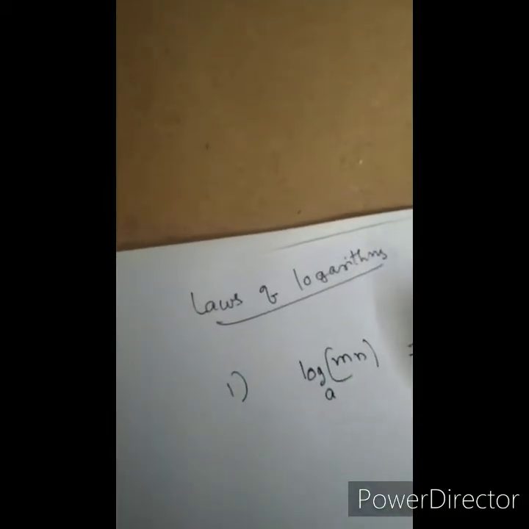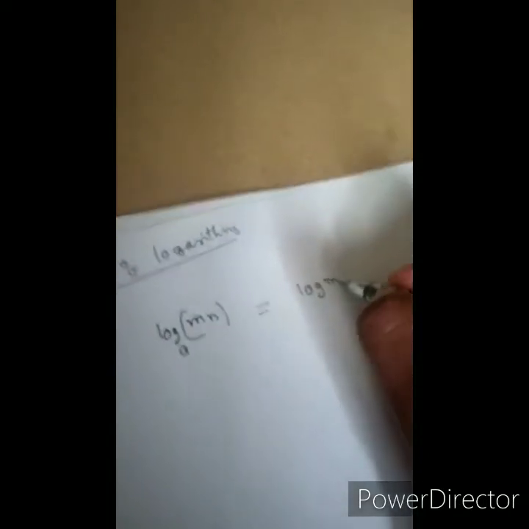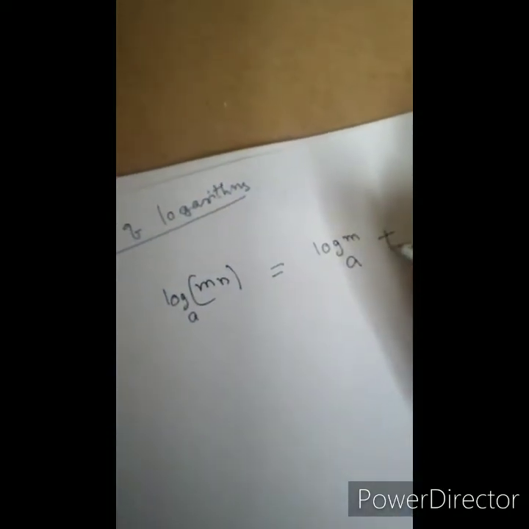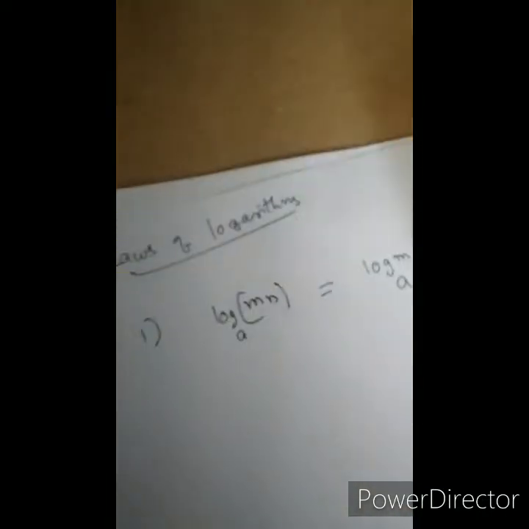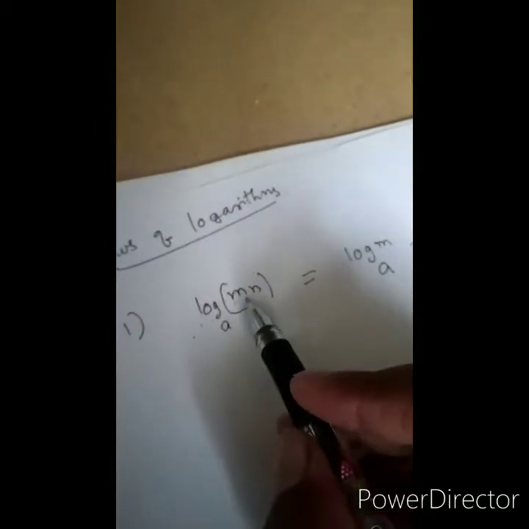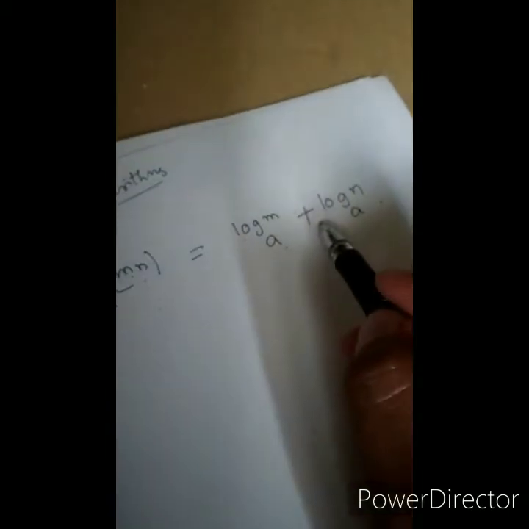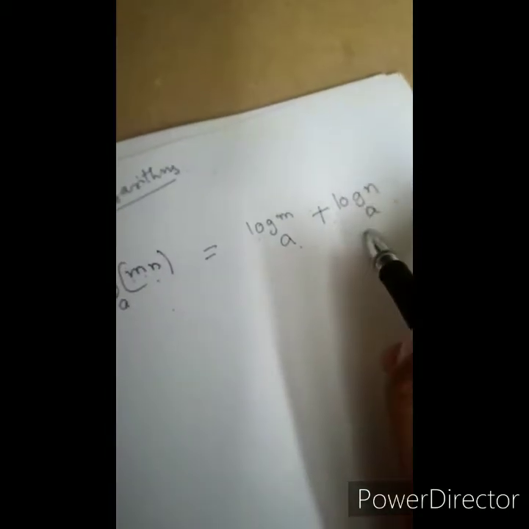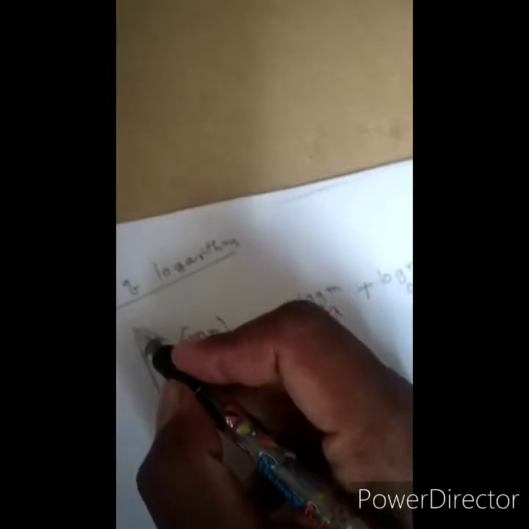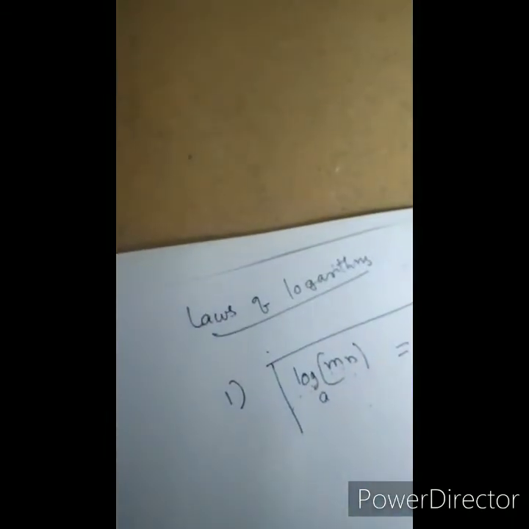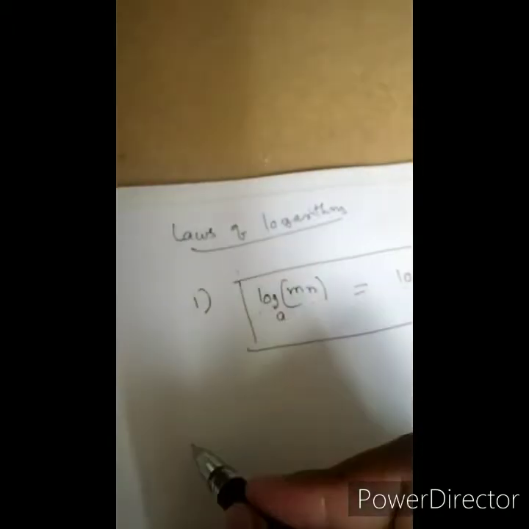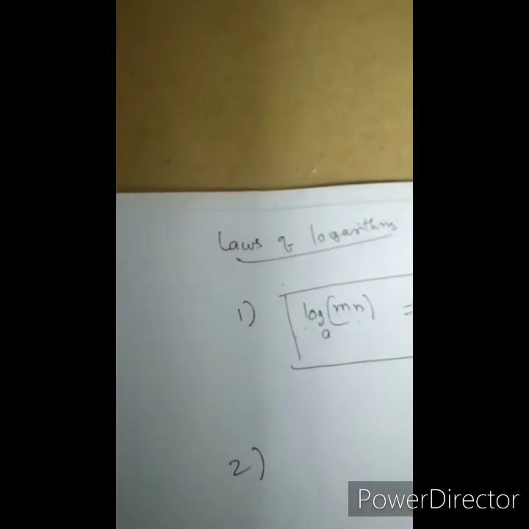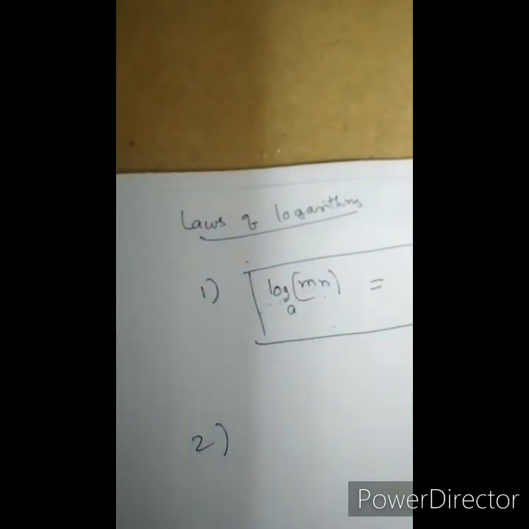Then it is equal to log m to the base a plus log n to the base a. This is called the product rule.